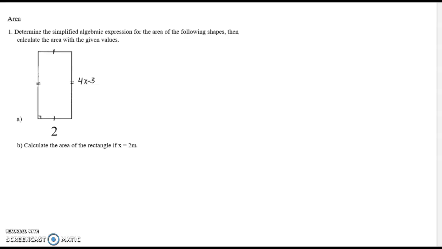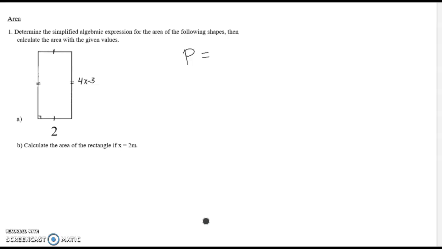So area. Determine the simplified algebraic expression for the area of the following shapes. Then calculate the area with the given values. This one right here is a rectangle. The perimeter of a rectangle is length plus width plus width.